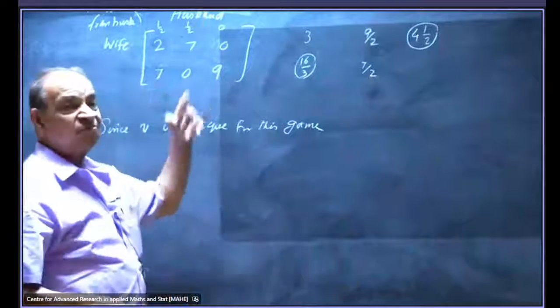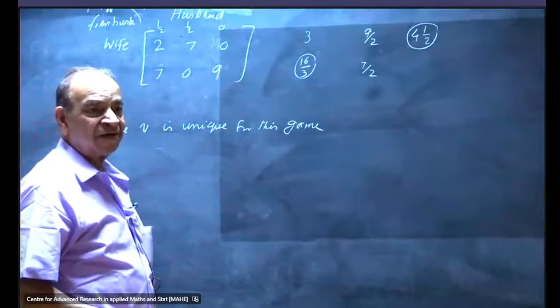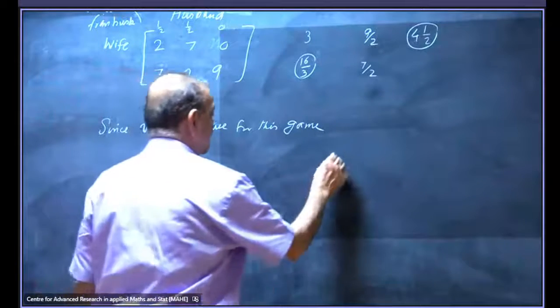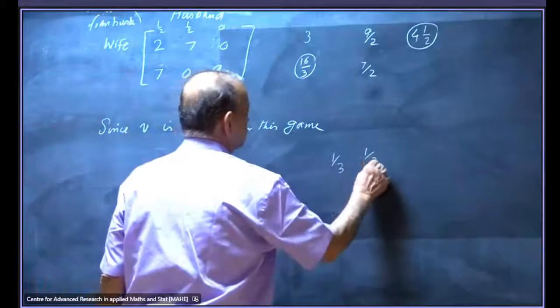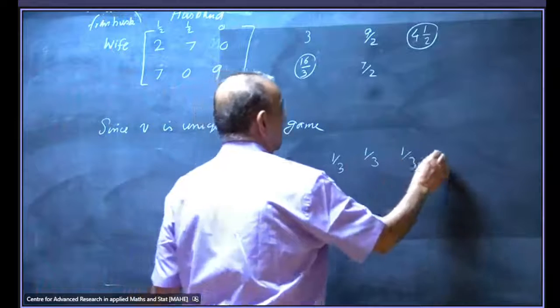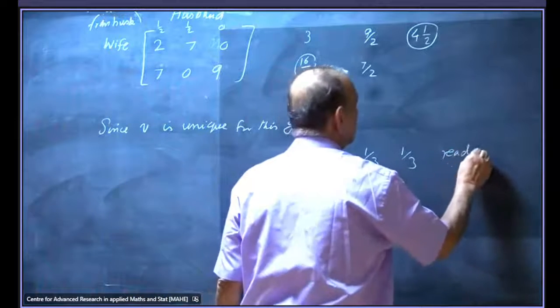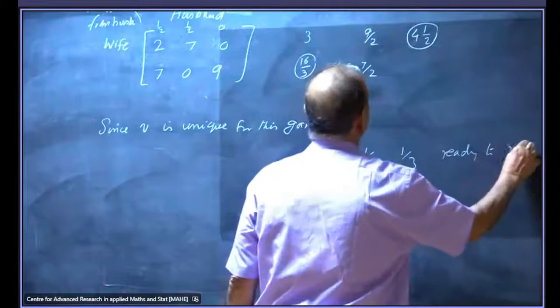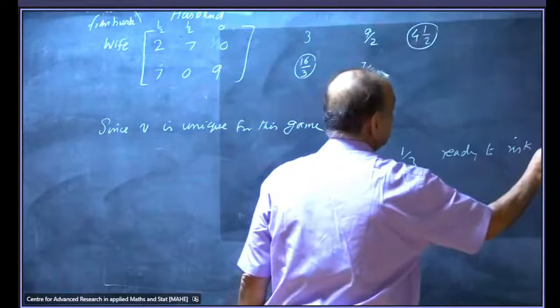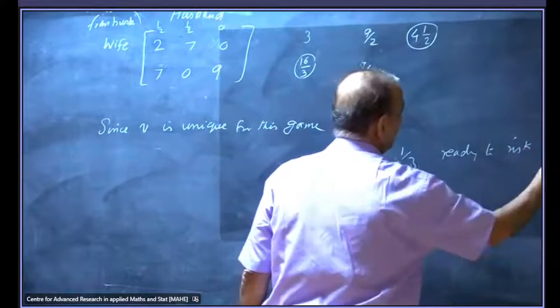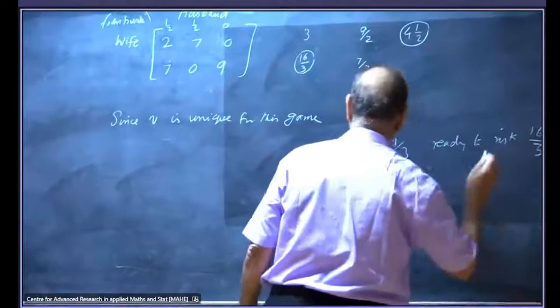Between the two strategies, which is better? The first strategy was for the husband to choose all columns and be ready to risk 16 over 3, which is 5 and 1/3.